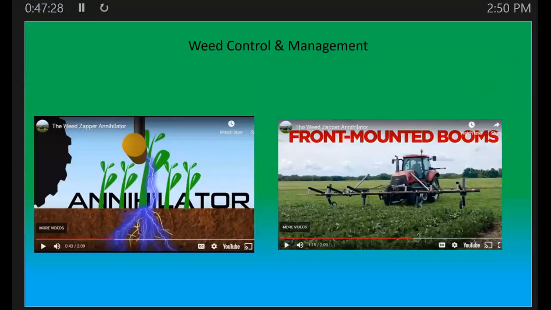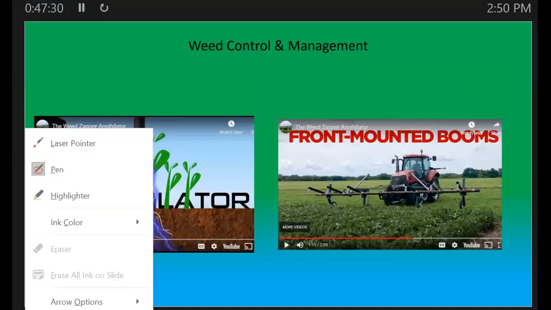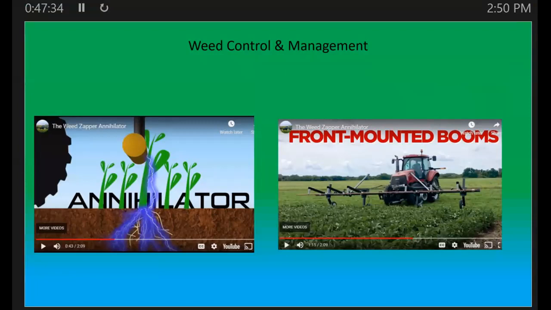The front part generates electricity and targets the weeds in the field. They call it the weed zapper annihilator. I didn't know that was a thing, so I thought, well, there's somebody who's earning some money. It's a very new idea.